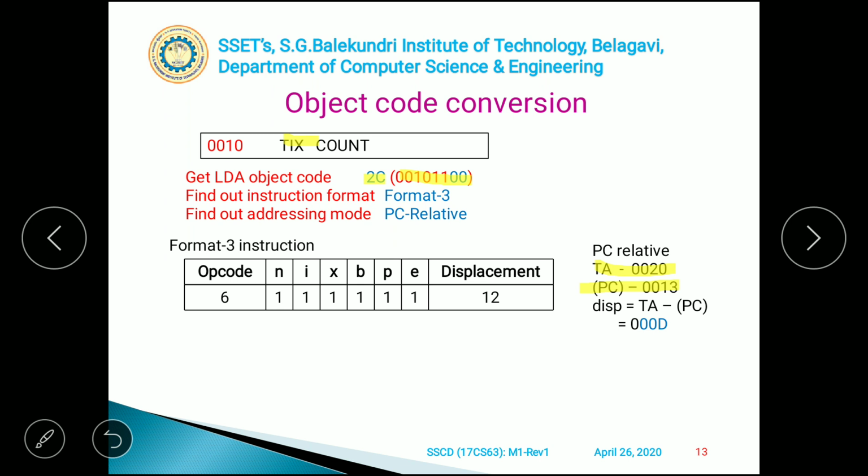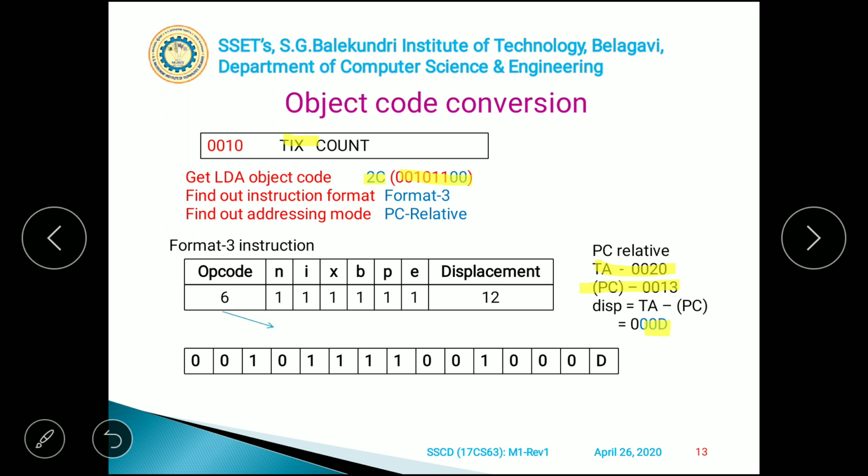So with this you can easily calculate the displacement, which is 00D, the last 3 digits. Now see, these are the first 6 bits of your object code, that is 2C, and the next 2 bits are 00, but we are going to set the i and n as 1.